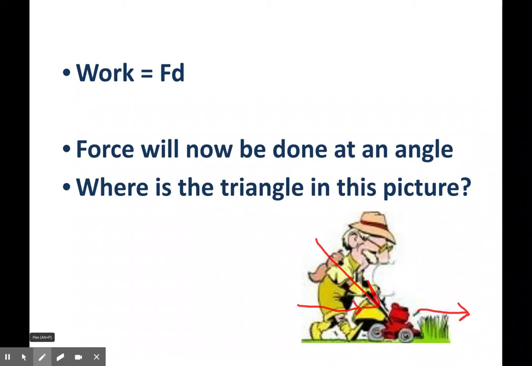So the force that's actually making that lawnmower move forward is this X component of the force that the man is exerting. So this part of the force, the X component, is what we would use when we would solve for our work.